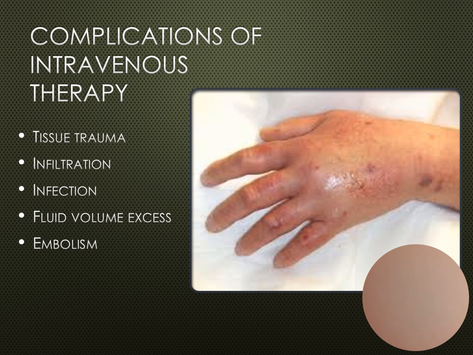It may indicate there's an infectious process going on. It does require discontinuation of the site and obtaining a new site. We should apply heat, analgesics, and anti-inflammatories. There is a phlebitis scale located in Complications of IV Therapy handout that's located in your resources in Blackboard.